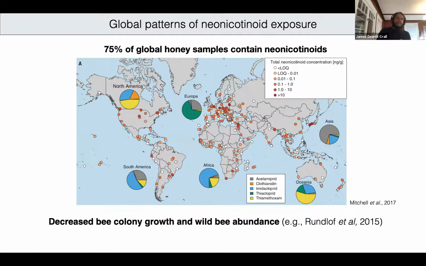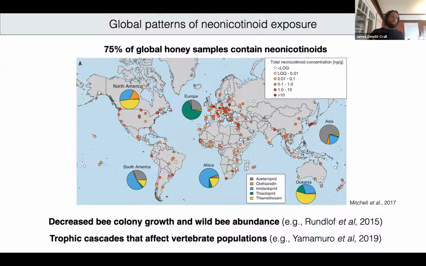And there's really now pretty compelling evidence that even low levels of what we would say is sublethal exposure to these compounds nonetheless can impair colony growth. And we'll get a little more into what I mean by sublethal in a moment, but essentially this means exposure below directly toxic levels can nonetheless impact colony success and many aspects of phenotypic performance in bees and other insects.